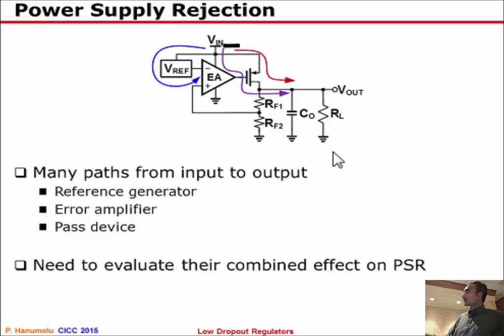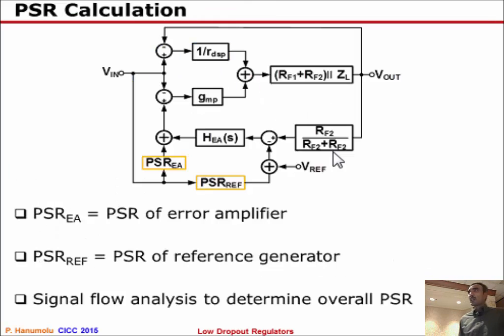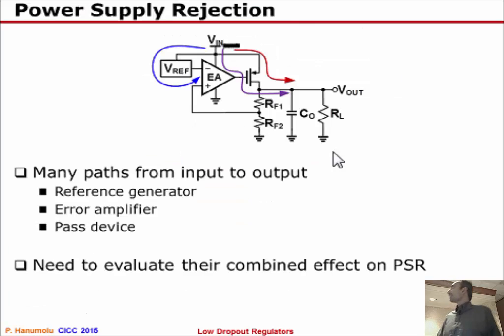So in the next few slides, I'm going to again revert to my small signal or signal flow graph that I have shown here, and I'm going to now add PSR of the error amplifier. PSR, if you may recall from my earlier slides, is for example for the error amplifier, defined as how much of the supply noise is going to appear at the output of the error amplifier.